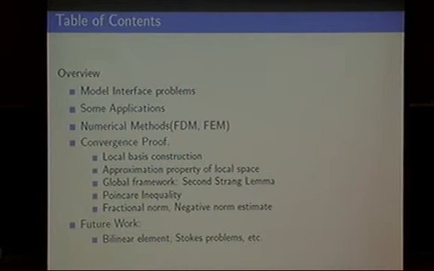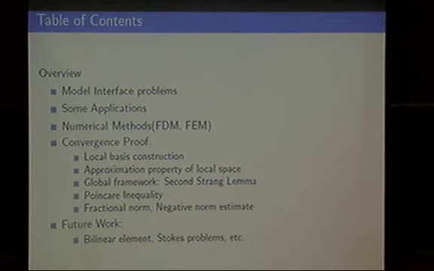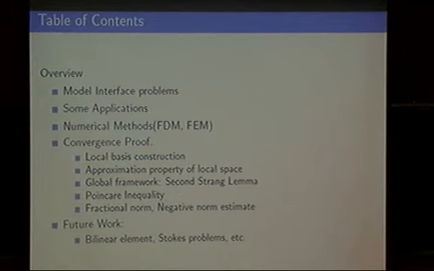So I introduce a little bit of finite difference method also. Then there is a heavy convergence proof, a very technical proof. I may give just a brief outline, not give the details of that. Okay? Anyway, then some future work and some examples.